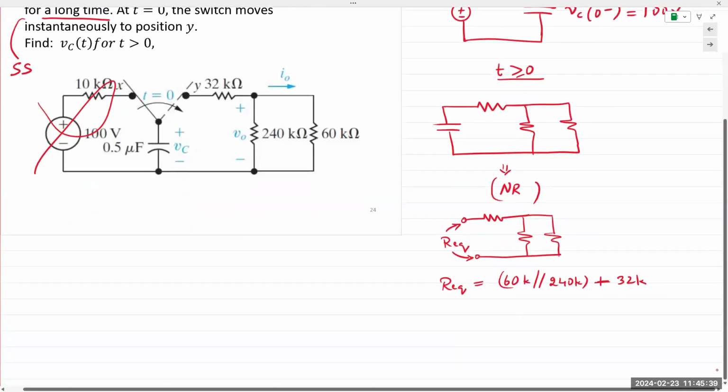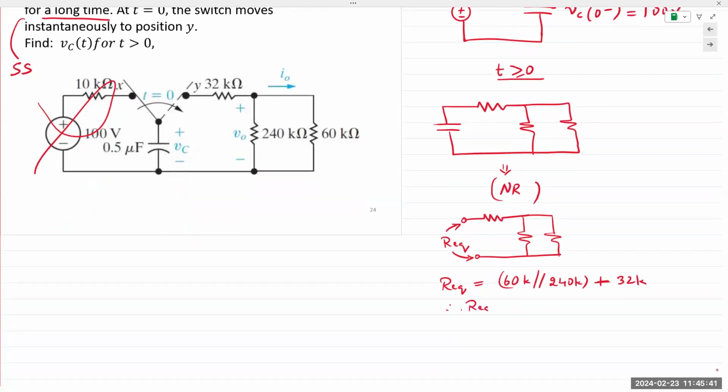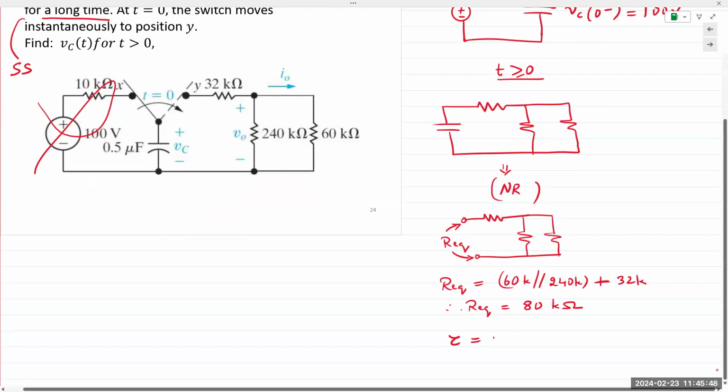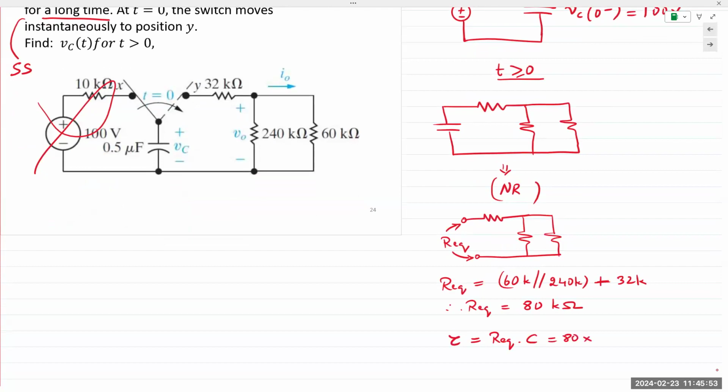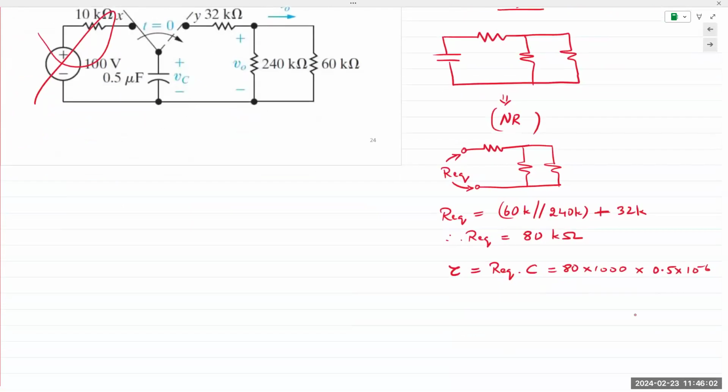It gives me an Req value of 80 kilo ohms. I can find tau as the product of Req and C, so it's 80,000 times, sorry, 0.5 microfarads. So tau is simply 40 milliseconds.